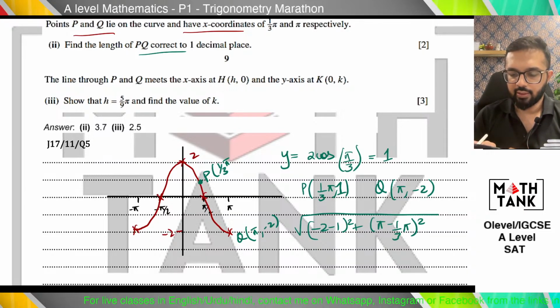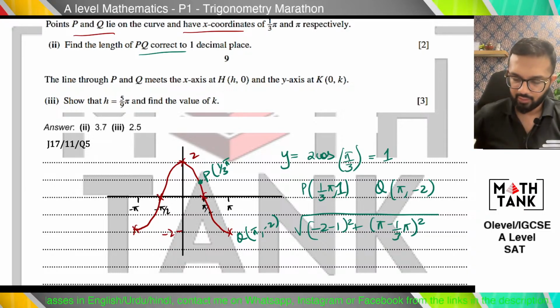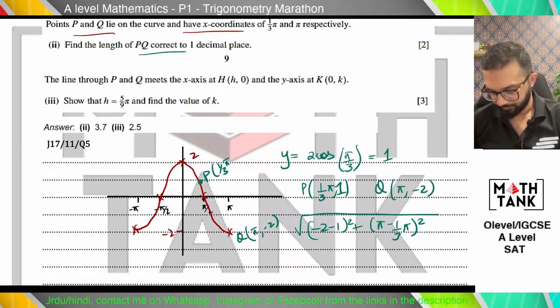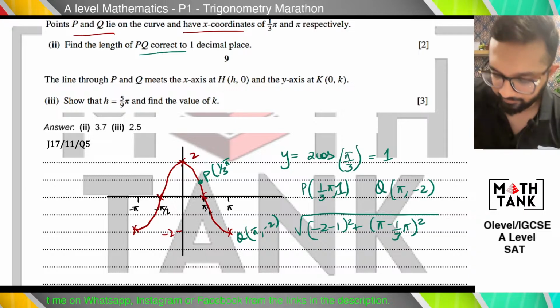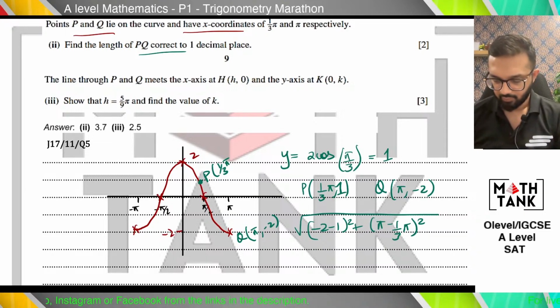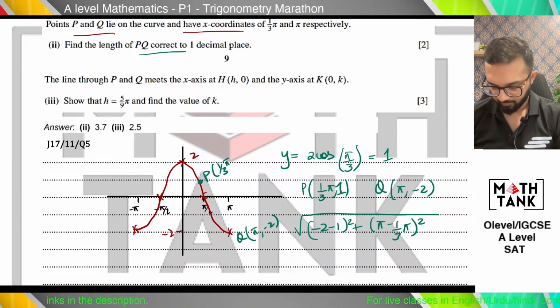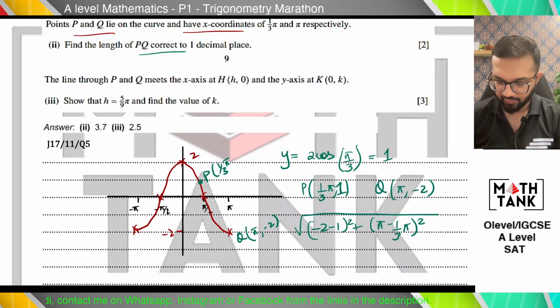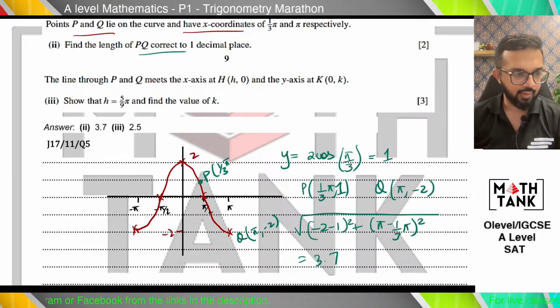Let's see if we get the correct answer. And then the square root. So I'm getting 3.658. One decimal place would give me 3.7.